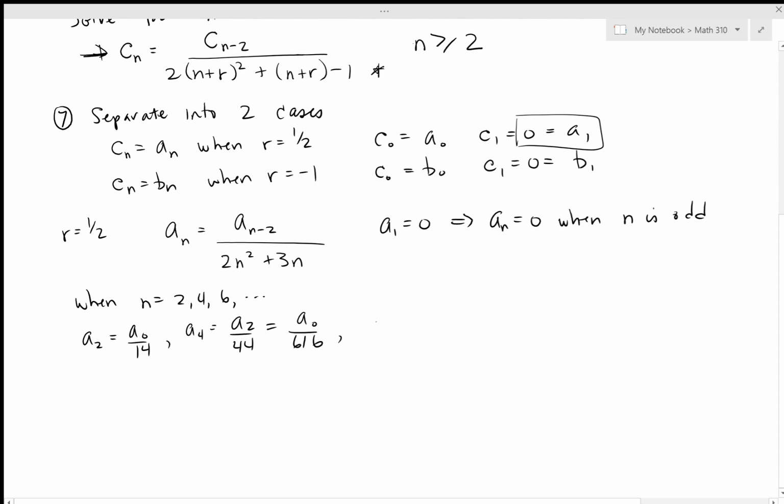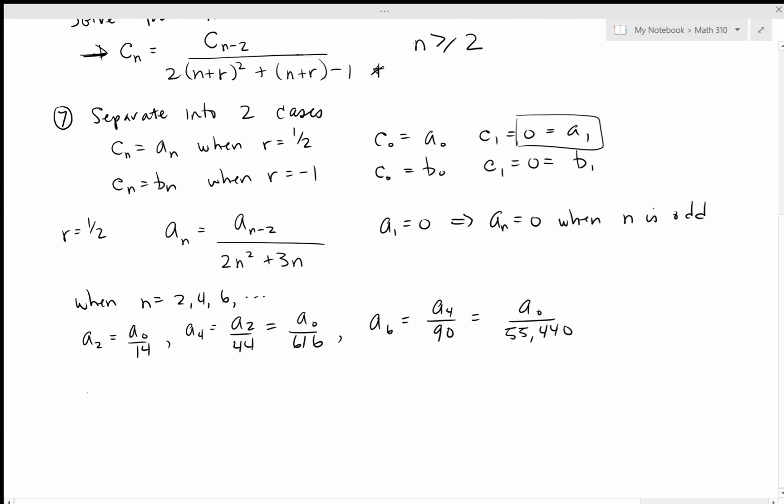And I can then calculate as many of these things as I want. A6, I go through A4 using the recurrence relationship, and then I substitute what I know is true for A4, and I get A0 over 55,440.